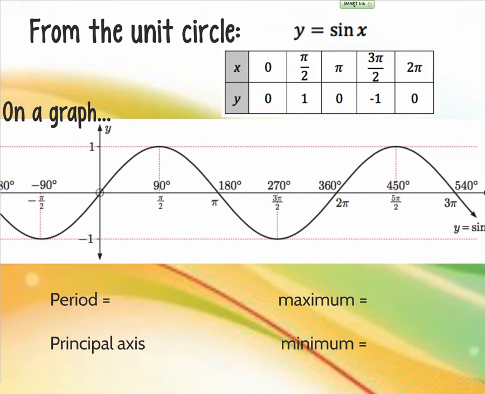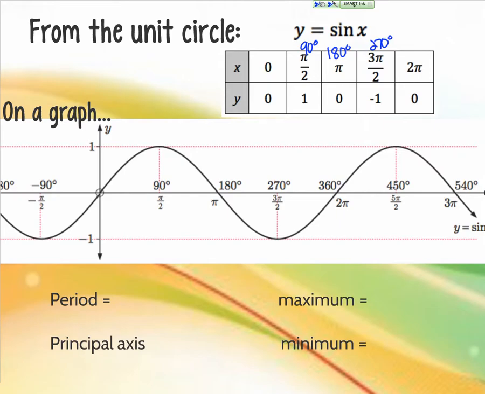If you go to pi over 2, and remember that pi over 2 is 90 degrees, you will see the sine is 1. At pi, which we know is 180 degrees, you'll see the sine is 0, and at 270 degrees, or 3 pi over 2, you see the sine is -1, and then back at 2 pi, or back at 360, sine is 0.